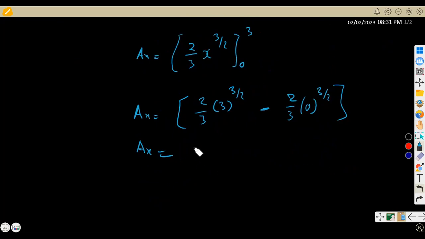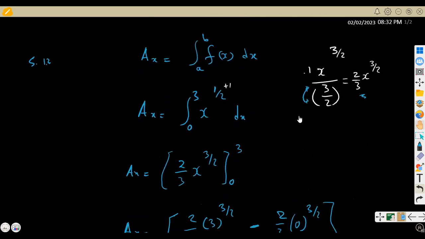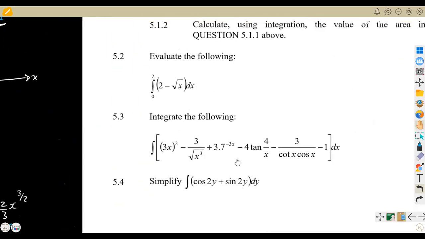You're going to obtain something like 3.464 square units. The unit squared there is representing square units. Like I always say, you can write it as square units like this, or unit squared. That is the indication of the area. So that is 5.1.2, to calculate the area from the integration that we're given.